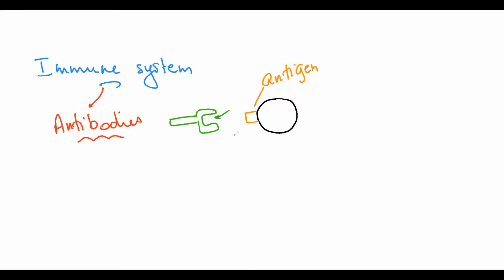So the antigen, if it has a complementary side shape or an opposite shape to the antibody, exactly like what happens in enzymes, the antibody is going to be fixed like this because it has a complementary shape.